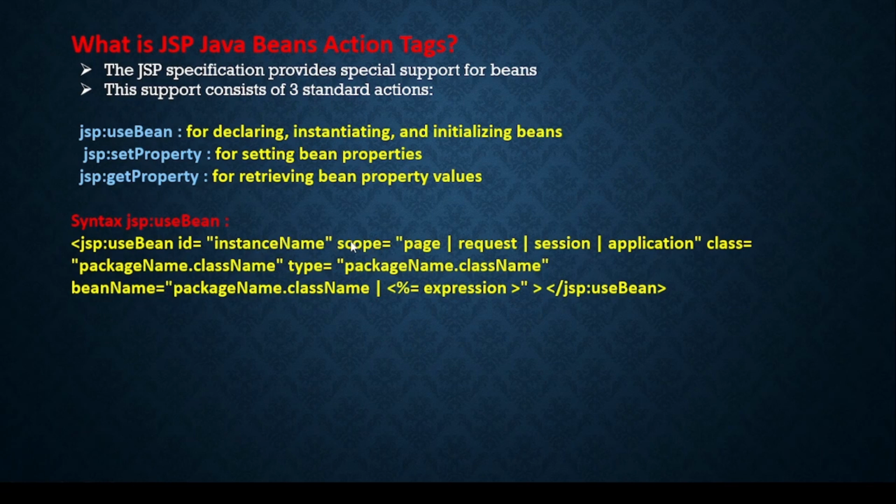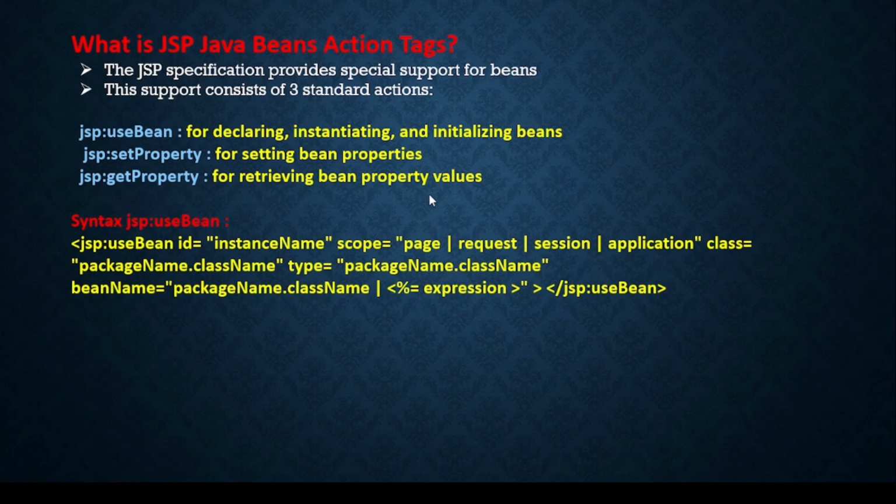Then there is the scope: page, request, session, application. Priority-wise, page is the lowest, then request, then session, then application. Page scope is limited to that JSP page, not outside that page.